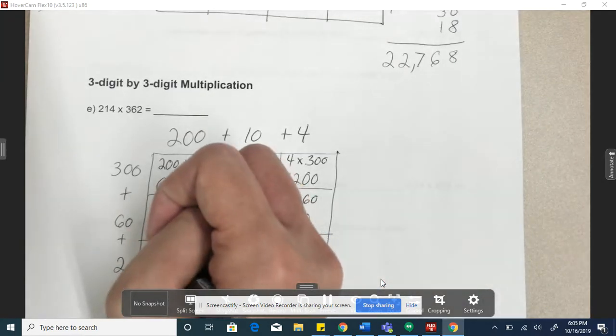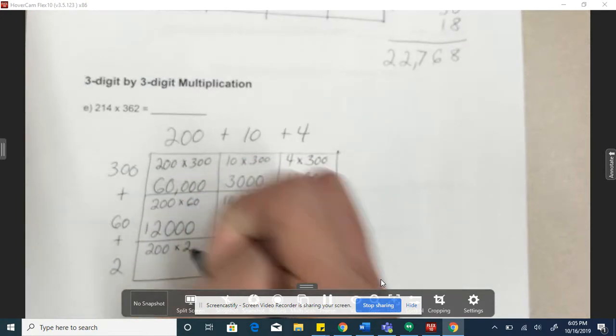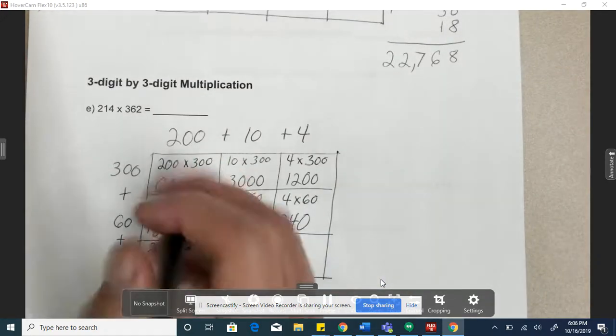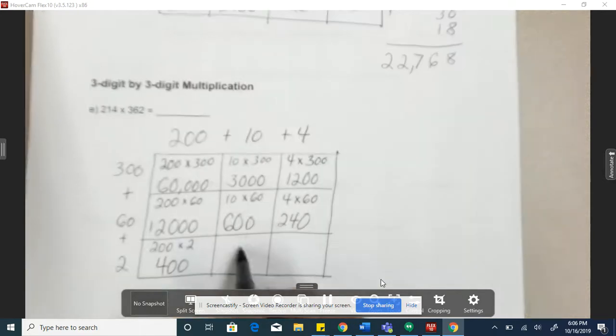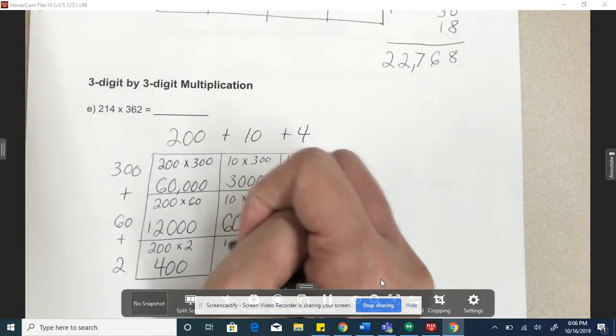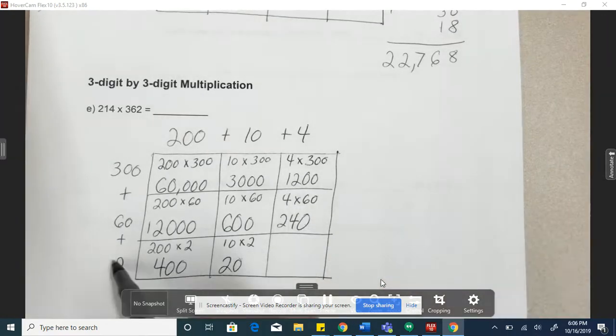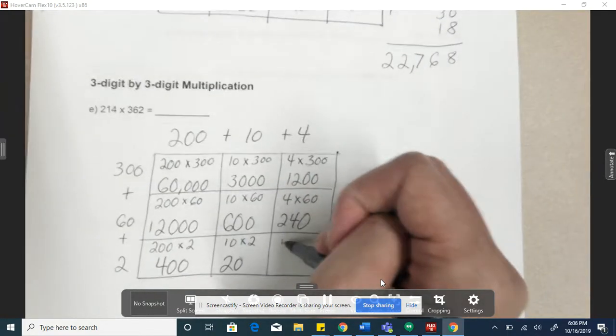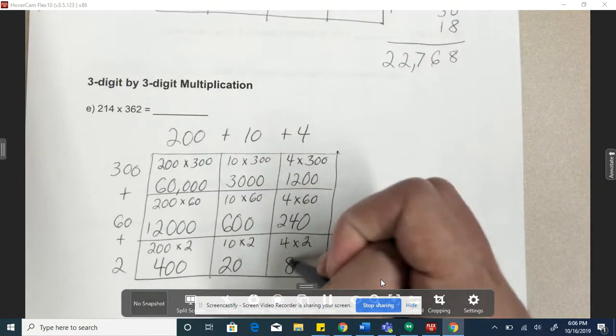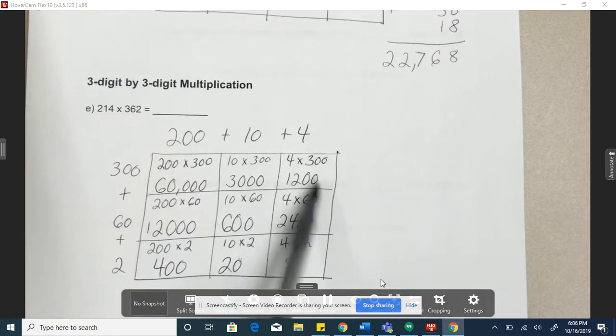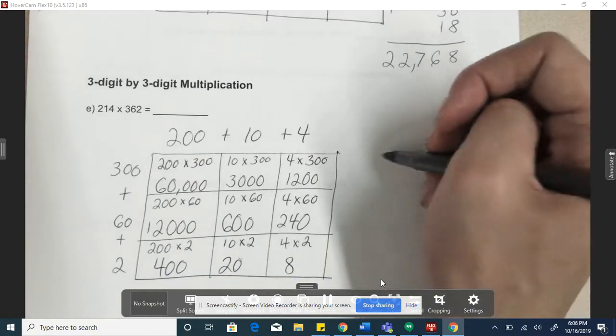200 times 2. Let's see. 200 times 2 I know is 400. 10 times 2 I know is 20. 4 times 2 is 8. Let's see, I have 9 squares, so I need to add up all 9 products.